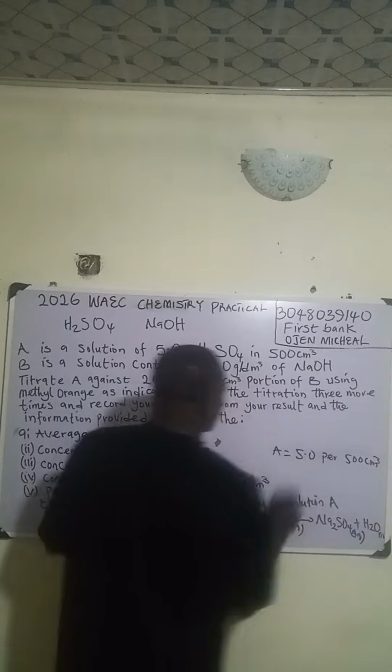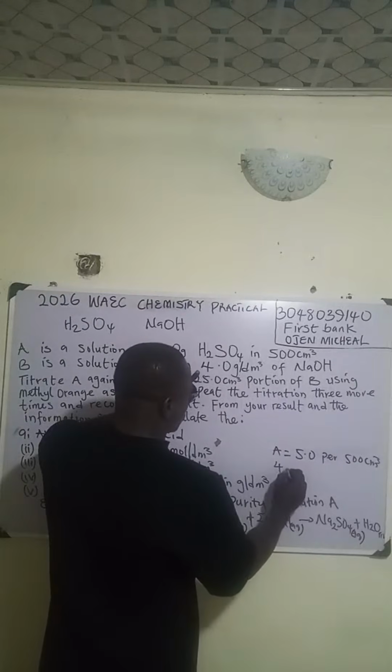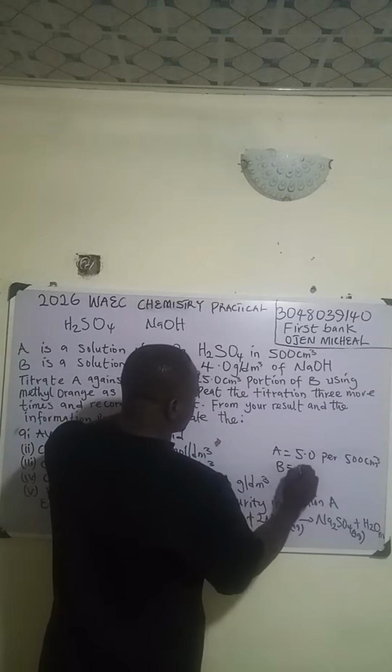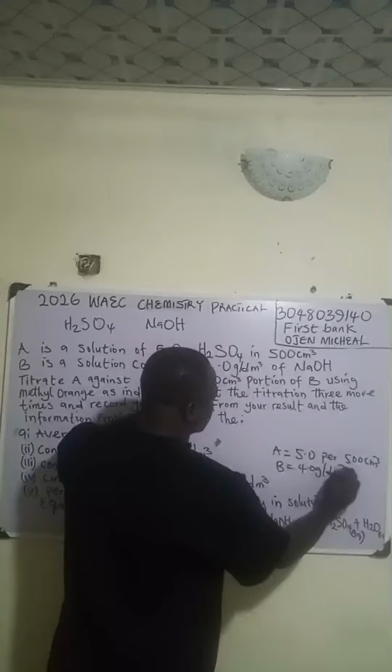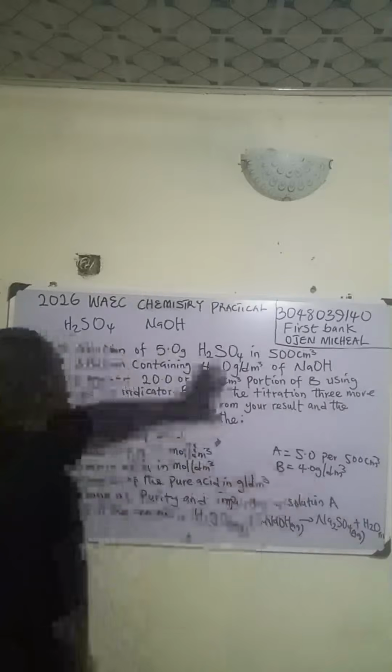That is my A. My B is given as 4.0 grams per cm3. So I have my A, I have my B. I can now wipe.